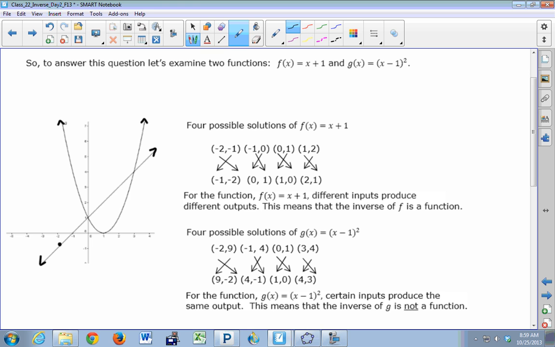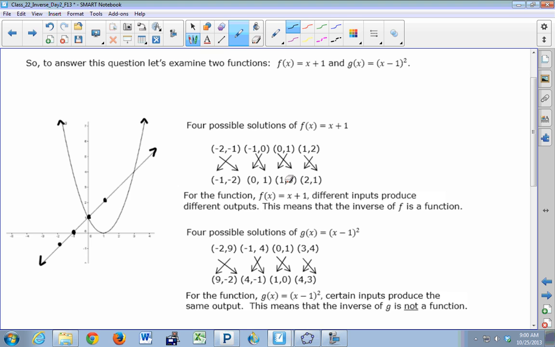Here are 4 points that I've picked off of that line: -2, -1; -1, 0, that's the x-intercept; 0, 1, your y-intercept; and then 1, 2 is just another solution on that line. If I reverse the order of the coordinates, we swap the inputs and outputs, this is what we end up with.